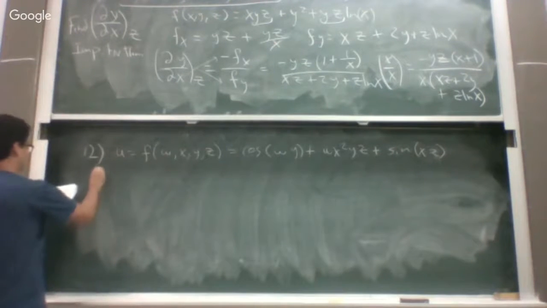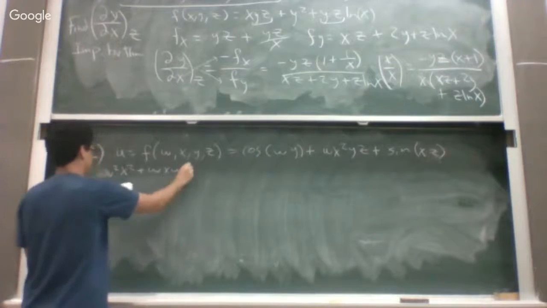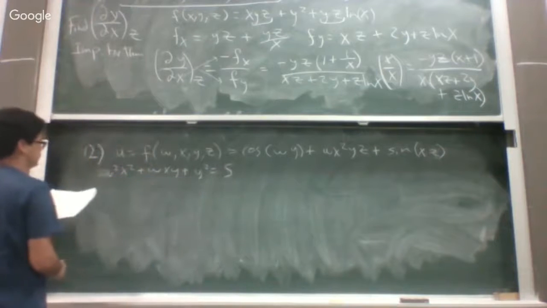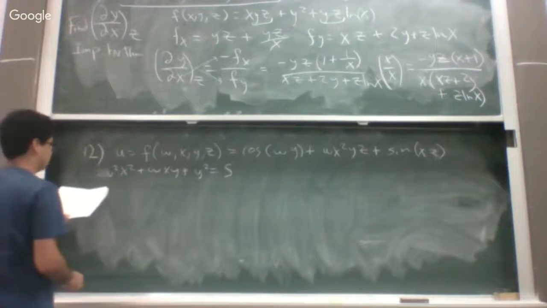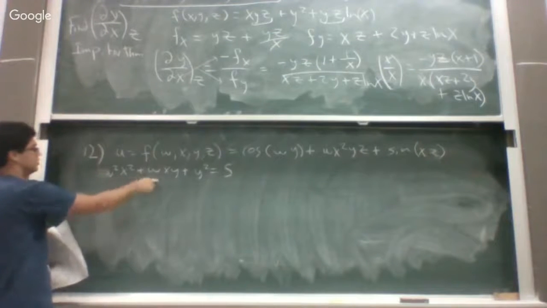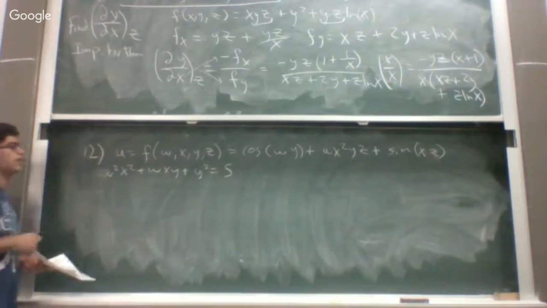So the constraint on u is w squared x squared plus wxy plus y squared equals 5. This means that these three are related to each other. So if you change x and y, it changes w in order to keep this equation valid.